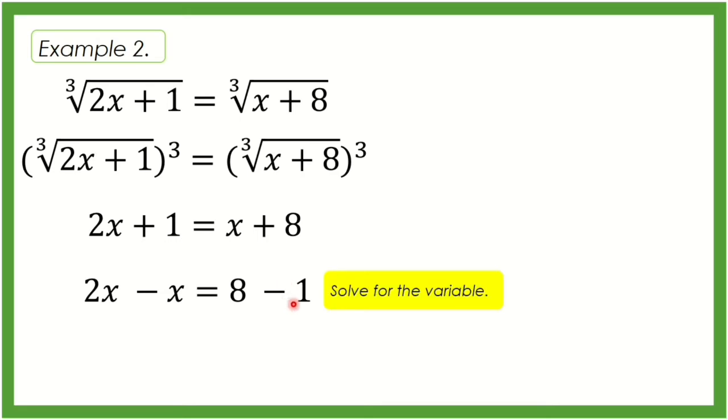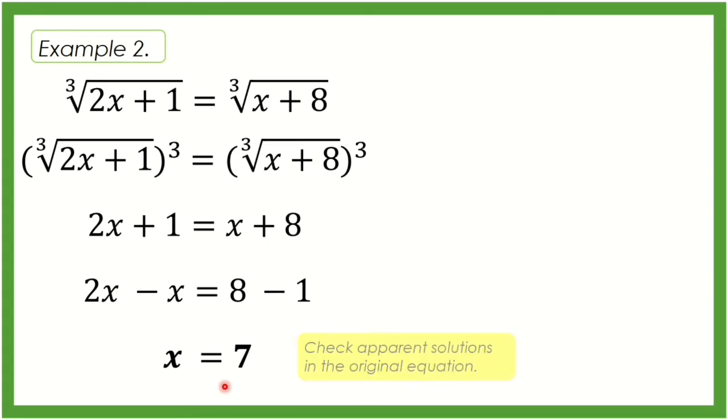Solve for the variable. Ang 2x minus x, that is x. Ang ating coefficient dito is 1. 2 minus 1, that is 1. And then, yung common nila ay x. 1 times x is x. 8 minus 1 is 7. This is now our solution.